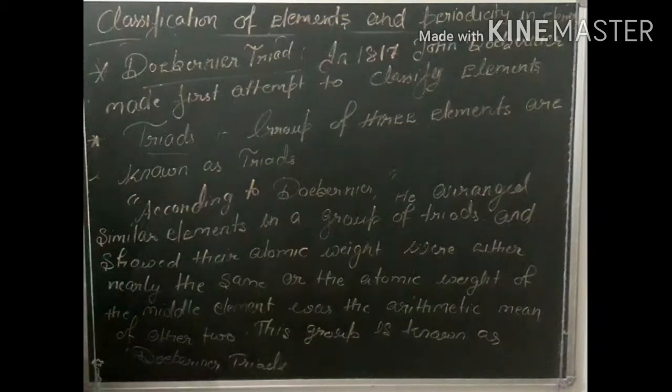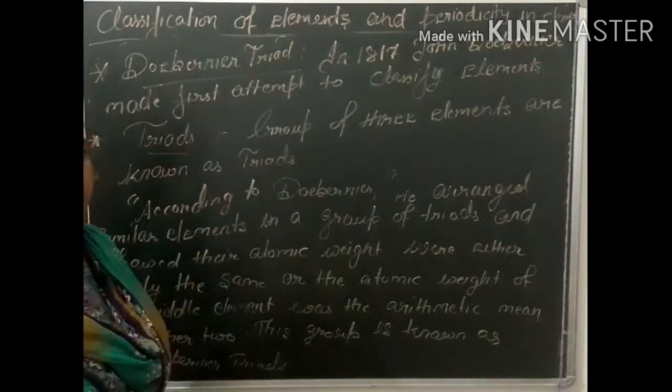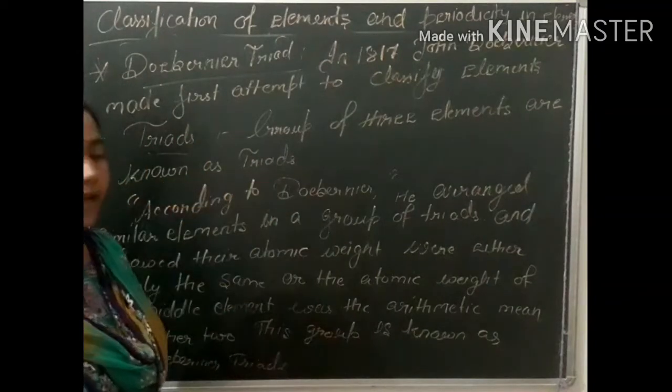Now Dobereiner triads: in 1817 John Dobereiner made the first attempt to classify elements. Now triads, what are triads? Triads is the group of three elements.